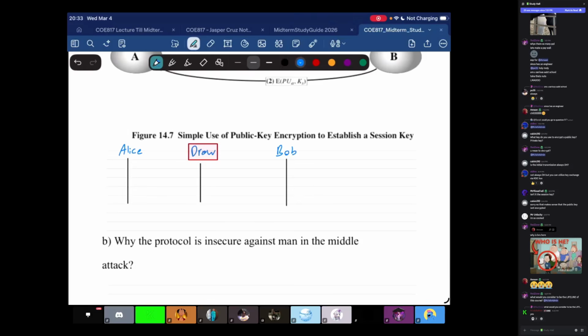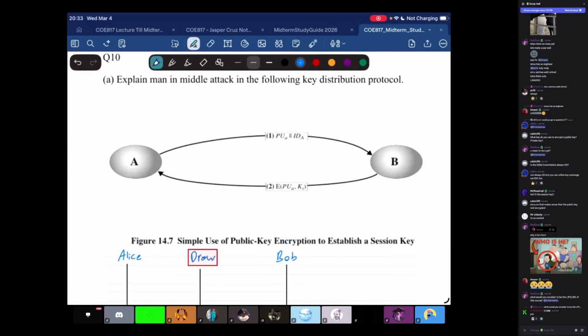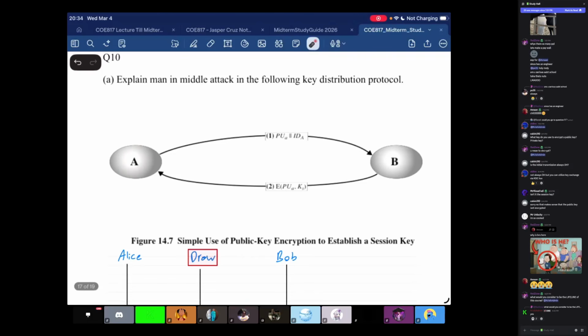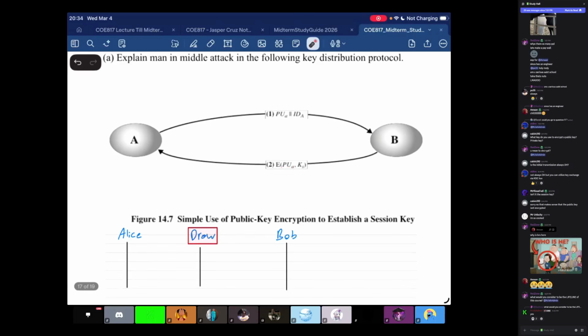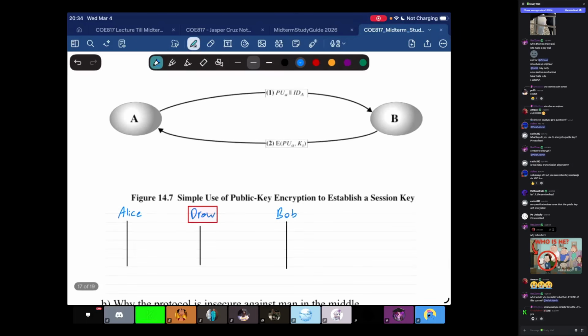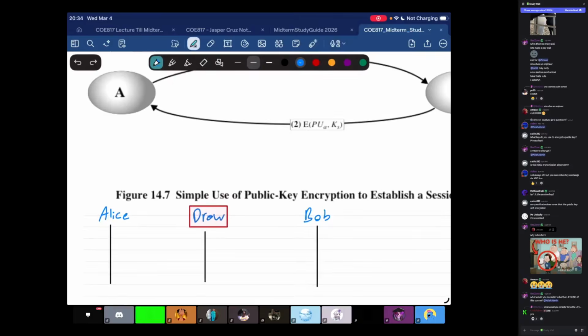Okay, so what we see here, let's call it Drew, the same man in the middle again. Alice is sending over the public key and its ID concatenated over to Bob. Bob then encrypts a session key with A's public key, and then A has to use his private key to decrypt that message.